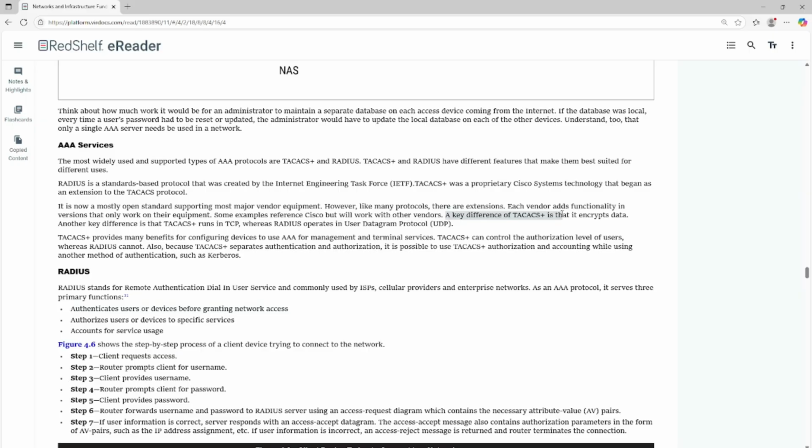However, the difference between TACACS and RADIUS is that TACACS encrypts data. It runs on TCP, whereas RADIUS operates on UDP. Keep that in mind in case you come across this in the exam, or wherever you get tested on this.